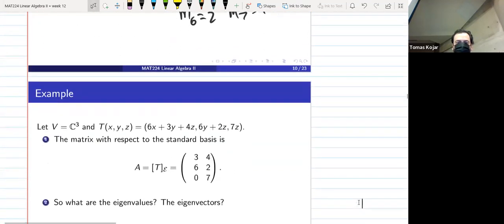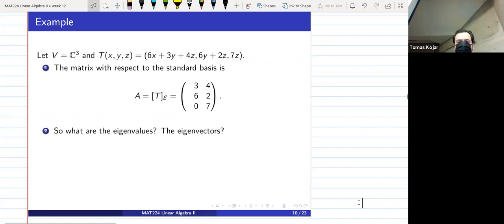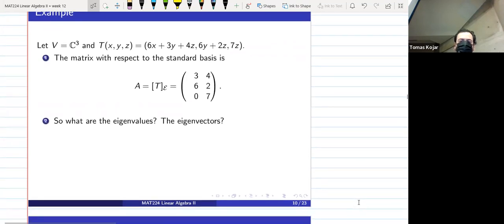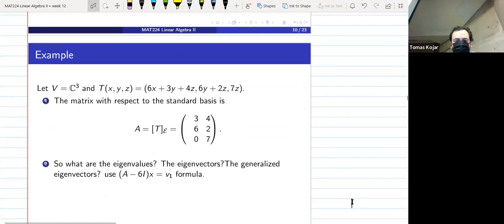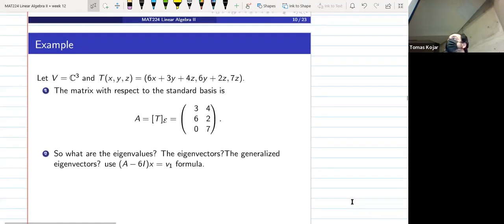The eigenvalues. Can you guess the eigenvectors? Okay, you can. Right, let's find the eigenvectors.